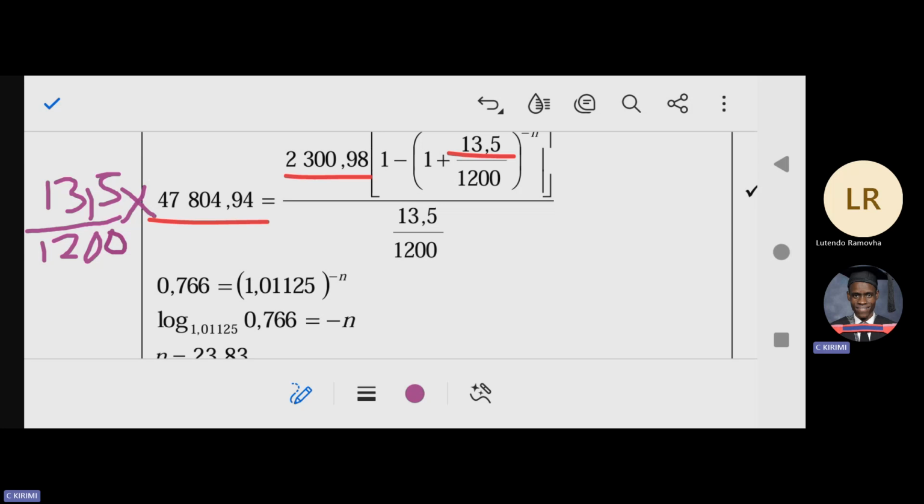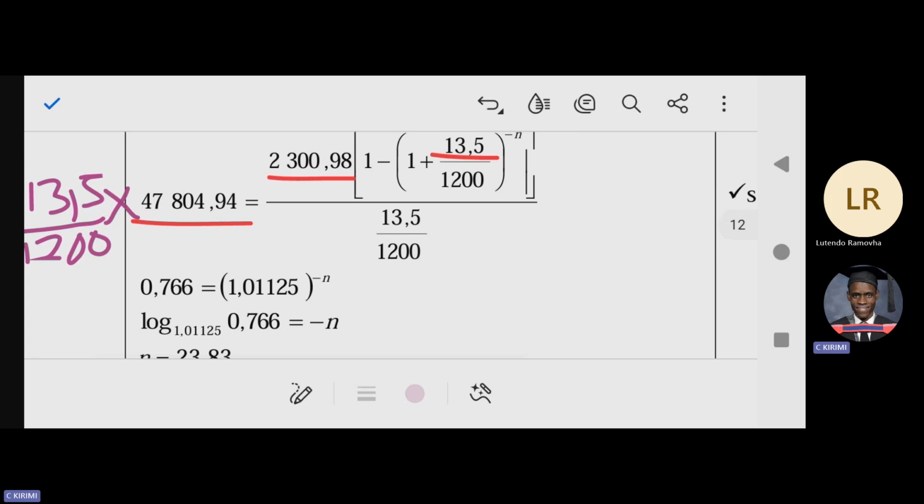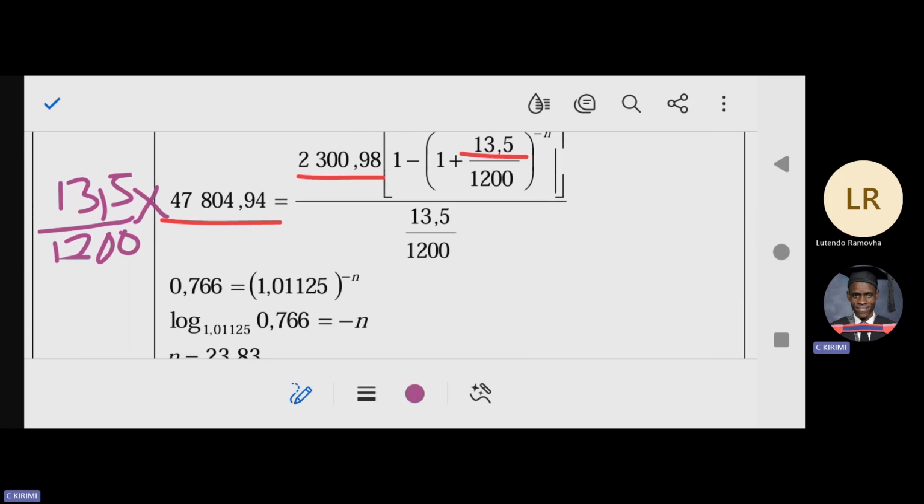And we also don't want this, so get rid of it. You are going to divide by 2,300 and 98 cents as well, which means on the denominator you are going to have 2,300 multiplied by 98 cents. So this is the new left side now.